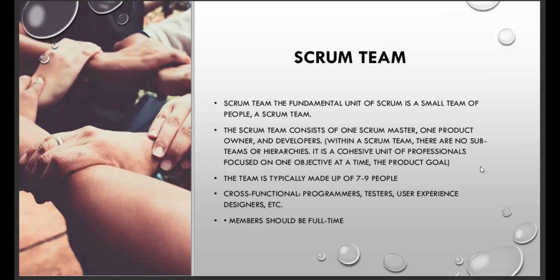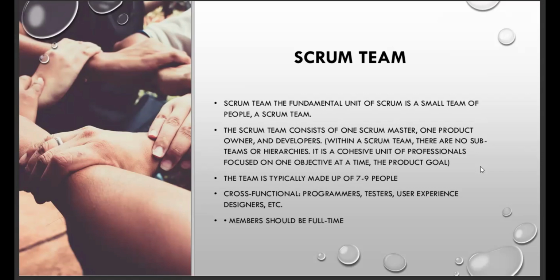But later on during the course of this session, we will touch on what we call scaled Agile. Scaled Agile permits smaller sub-teams in the event where we have, say, a very big project that requires a huge number of persons to deliver, so we can have them split into sub-teams.